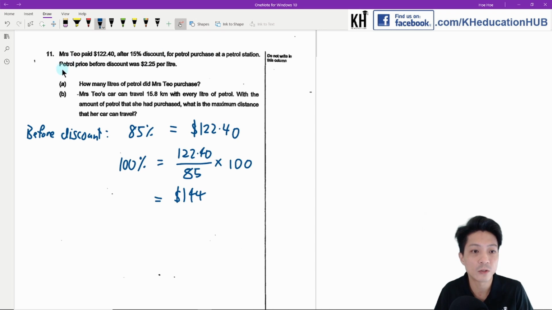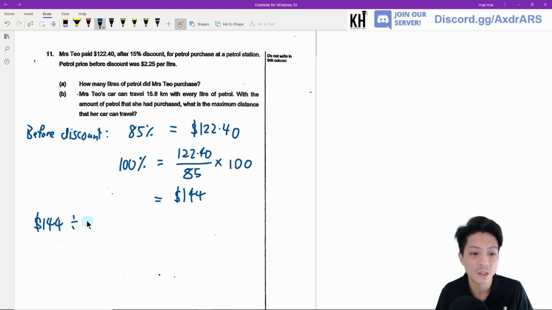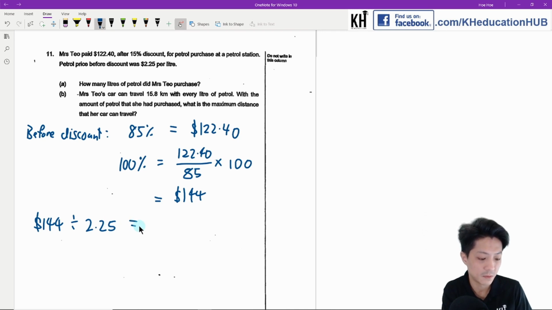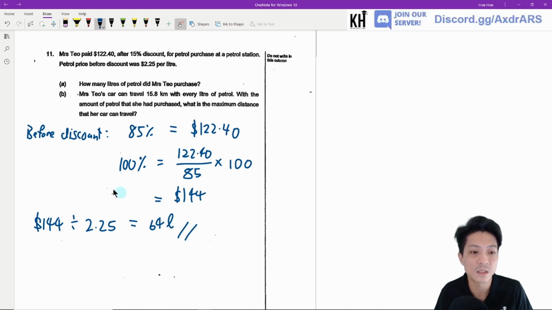Since the petrol price before discount is $2.25 per liter, I'm gonna use 144 divided by 2.25, which is gonna give me 64 liters. This is the answer for part A.